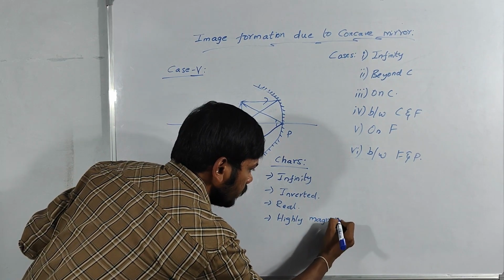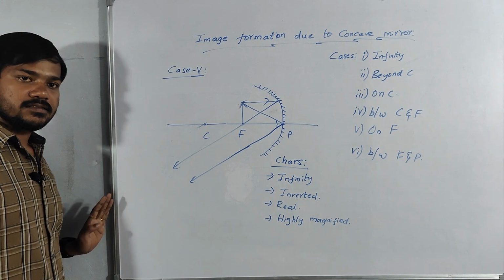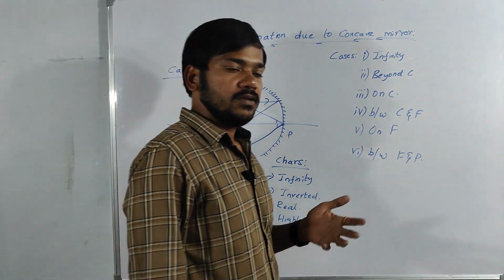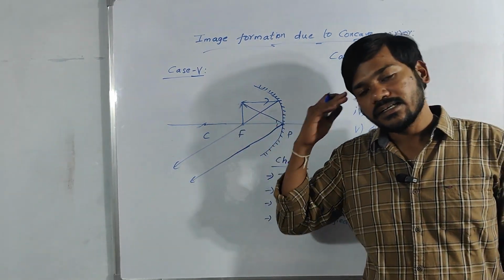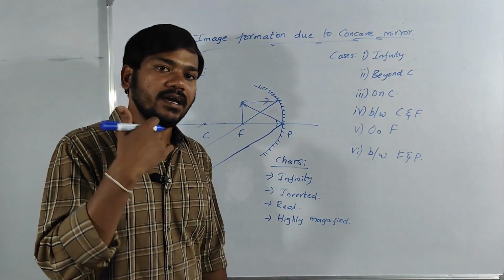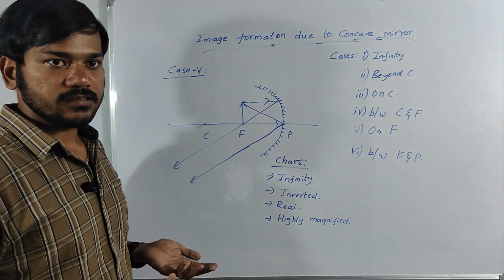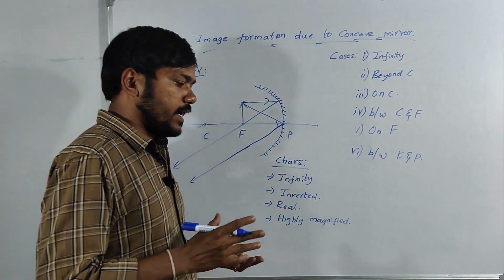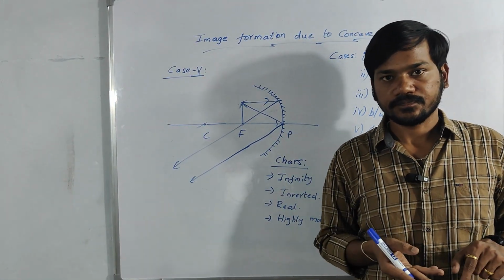Clear with this now? And in order to catch this image, what should we do? We should use a screen. But when it is at infinity, obviously its intensity will be very less. But for the remaining cases, the intensity can be seen, and there if we use any screen, you can see the real images. That is what the activities in your textbooks state.